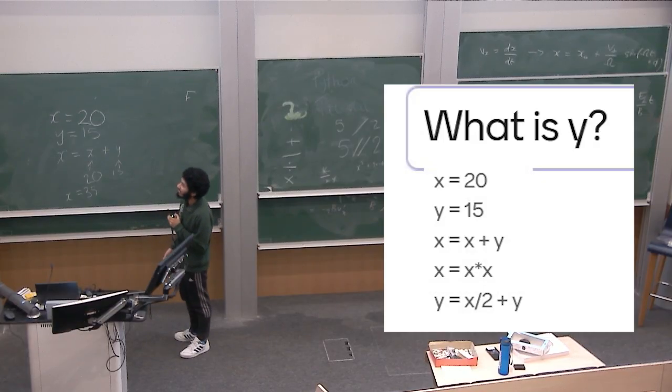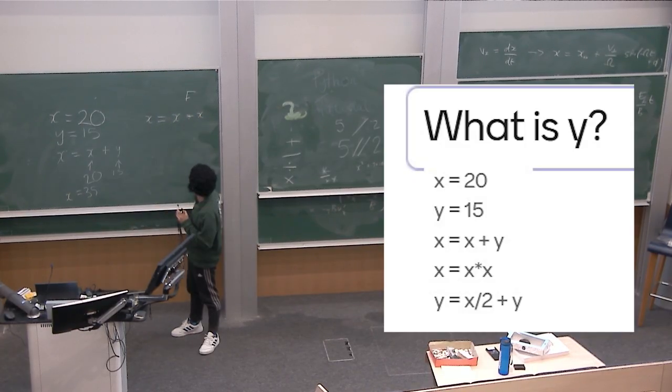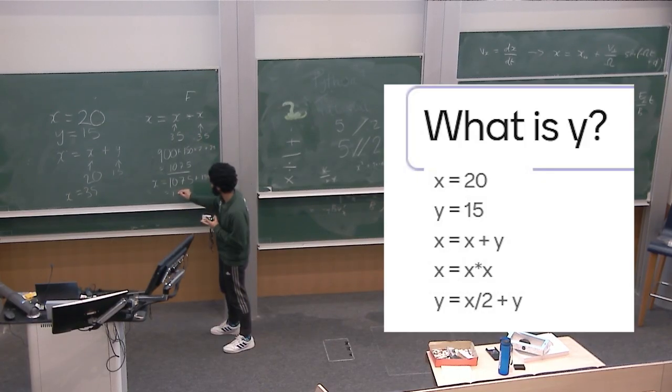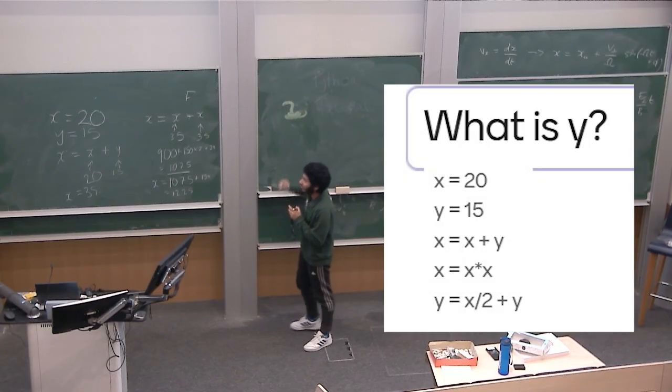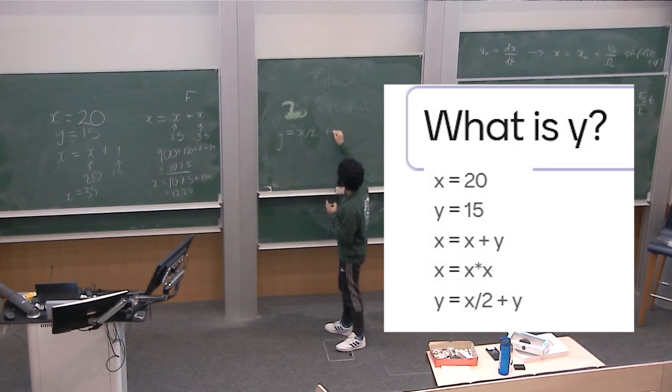Then, x is equal to x times by x. Okay, so what's x right now? 35, yeah. So this is just 35 times by 35. Okay, 1,225. Okay, yeah, so now we've got y is equal to x divided by 2 plus y.